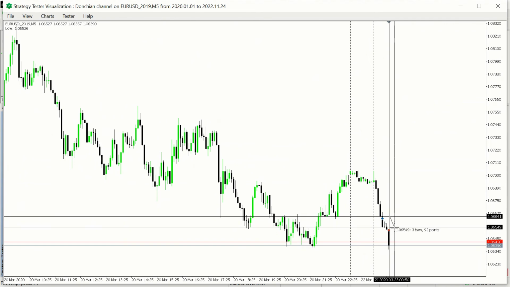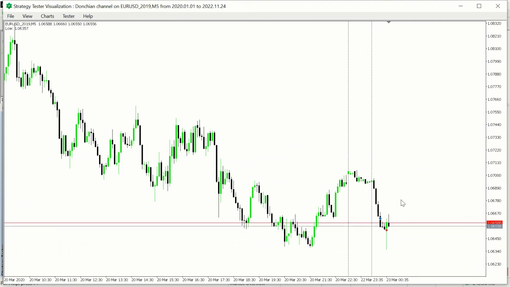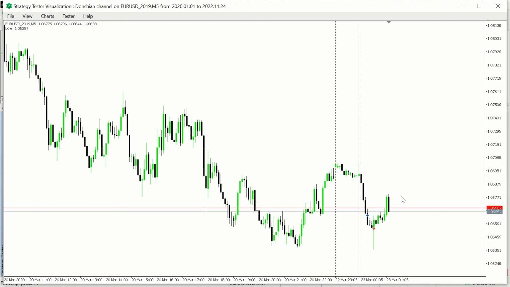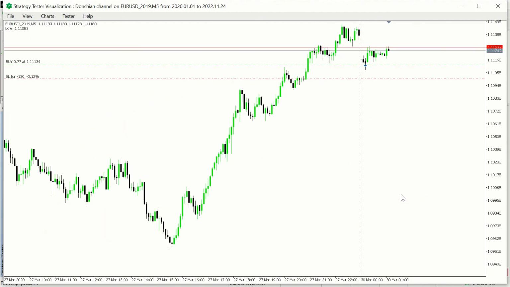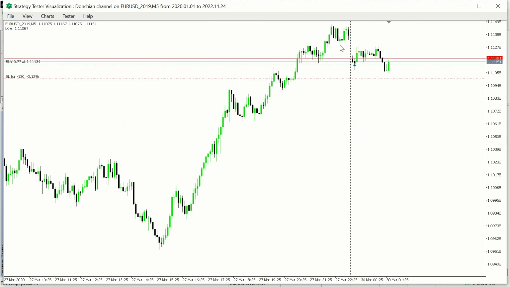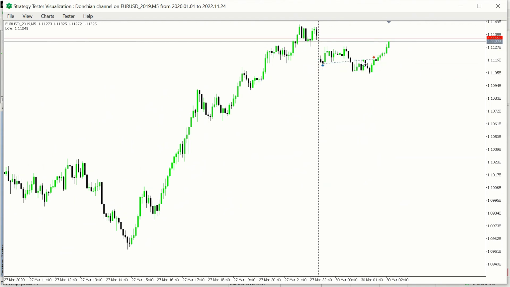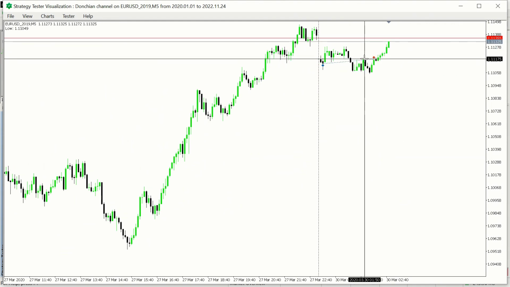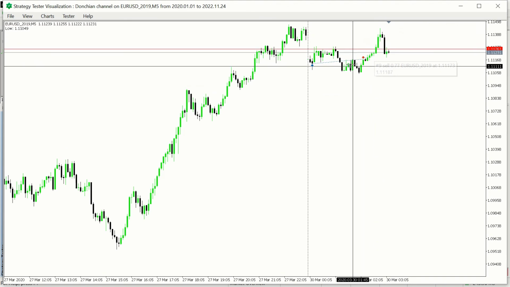A 10 pip stop loss here, which was taken out. Another buy trade. These are the recent highs here, and we closed with a small profit.